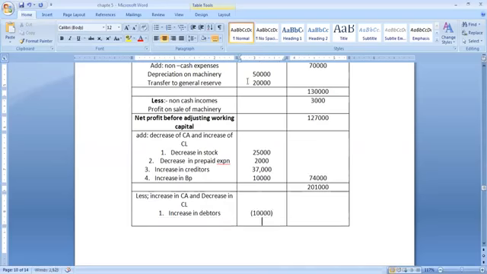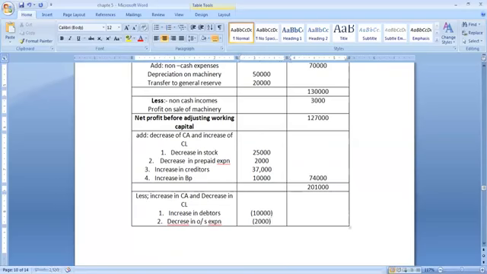10,000. So now you got the second one as decrease in outstanding expenses. So what is the value? It is 2,000.